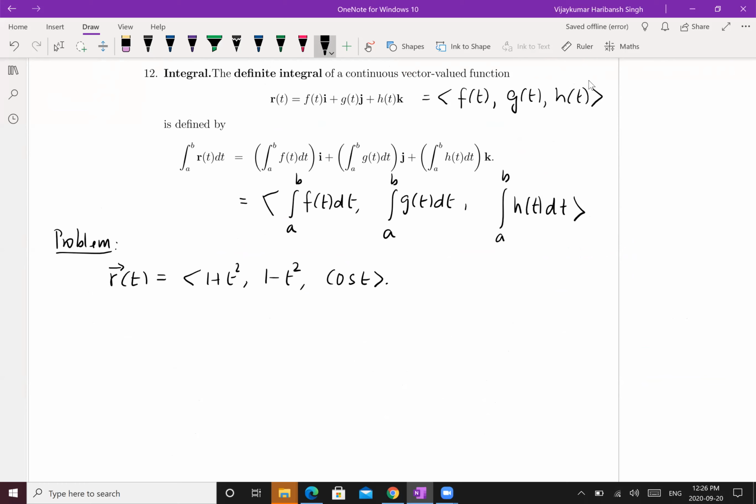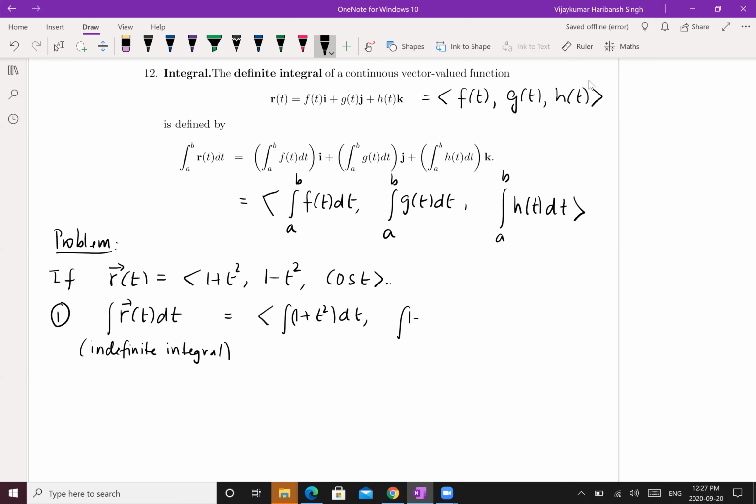Find the integral of r of t dt. Now this is an indefinite integral. So then this is going to be the integral of 1 plus t square dt, 1 minus t square dt, cos t dt.